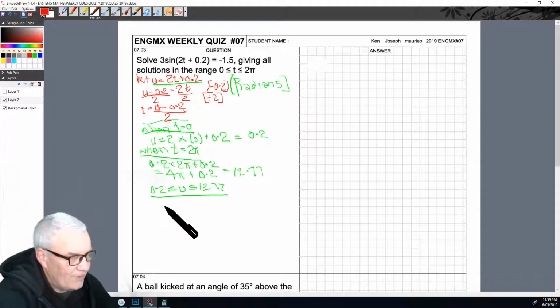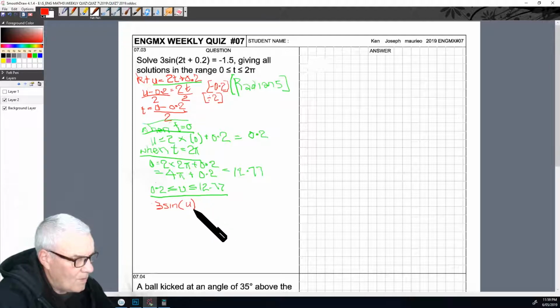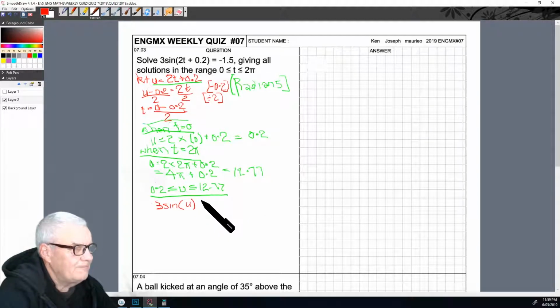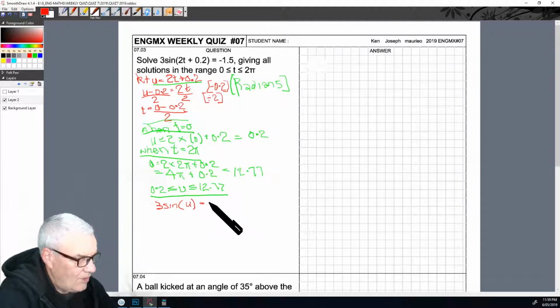So we can rewrite the equation: 3 sine u equals negative 1.5.